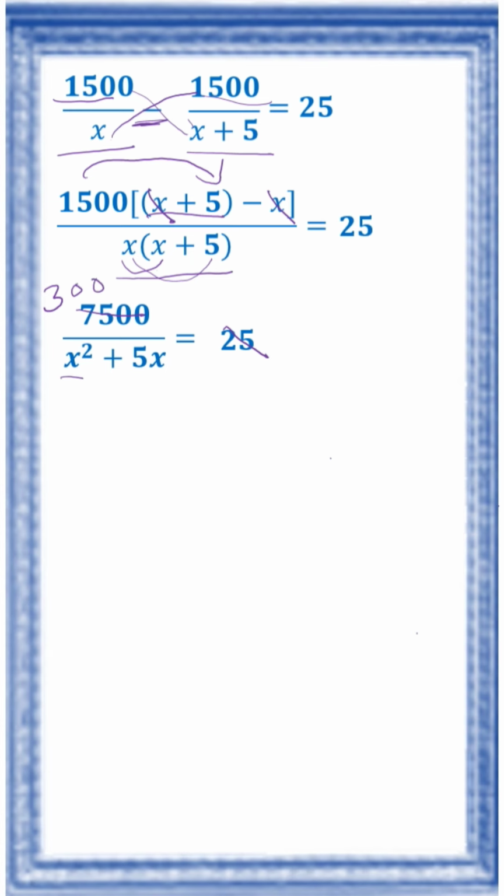So now cross multiply: x square plus 5x is equal to 300, or 300 is equal to x square plus 5x.